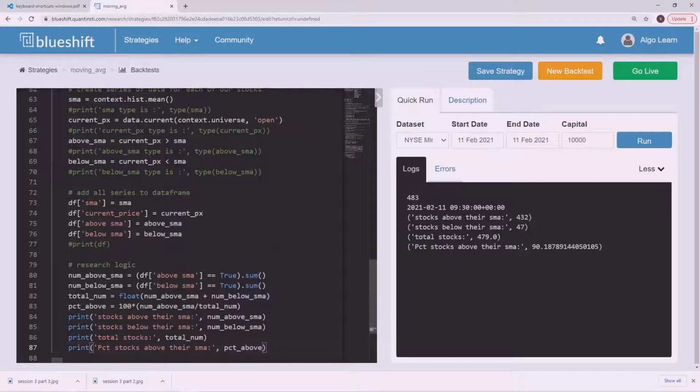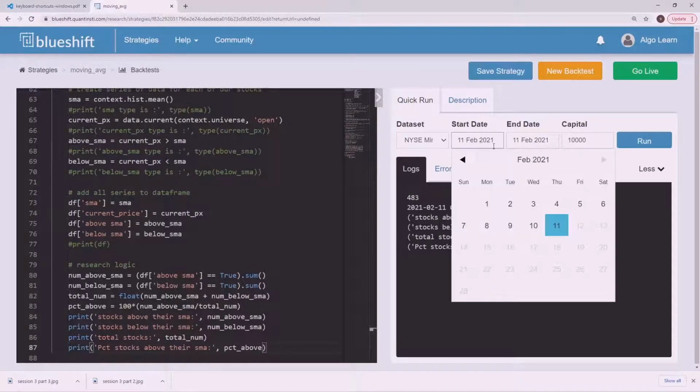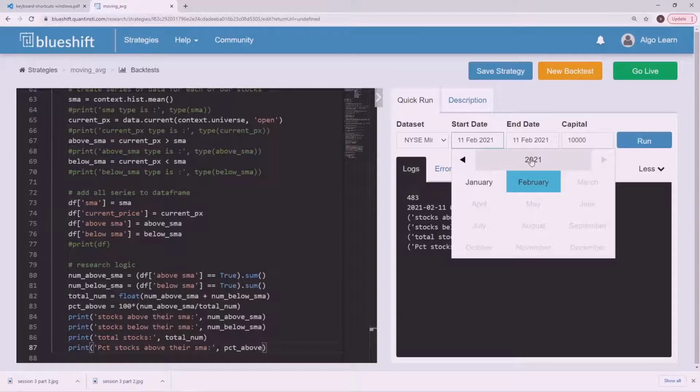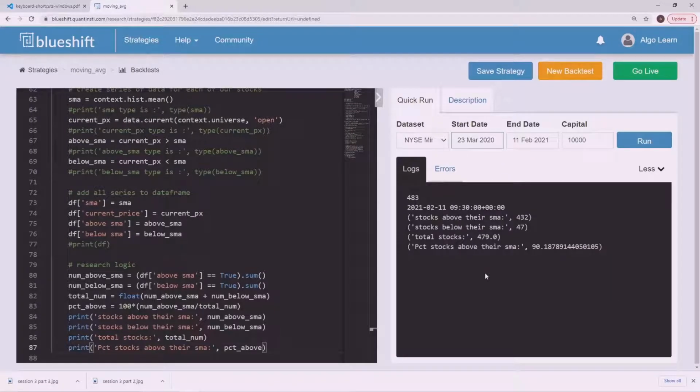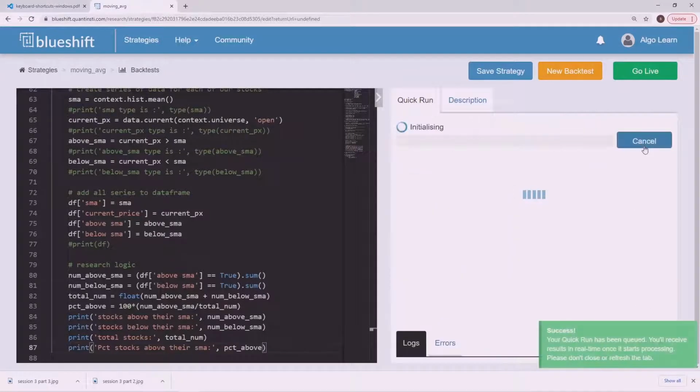So let's go ahead and take another look, and expand the universe a little bit. Let's go to March 23rd, 2020, right at the low point of the market, and let's see how many were above their 200 moving day average on that day.